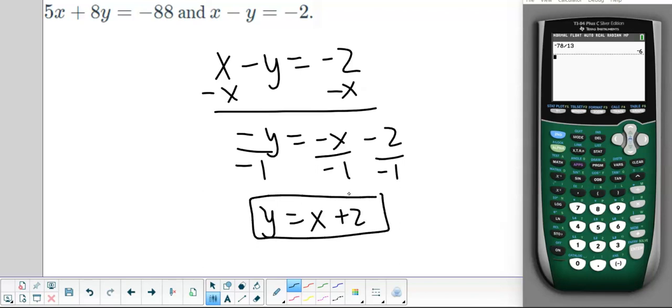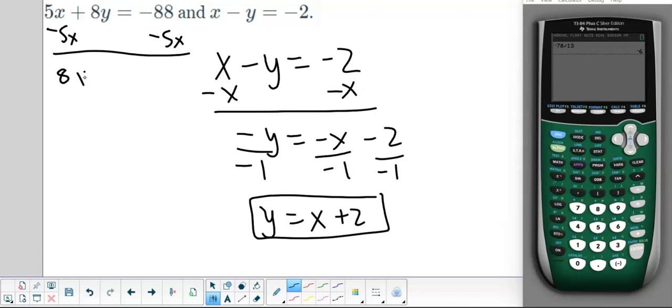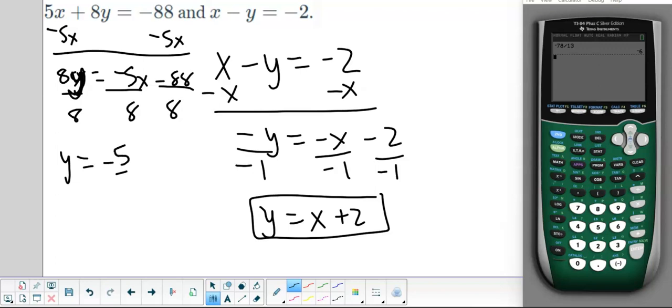That's one sentence. My other sentence here, 8y equals negative 5x minus 88. Divide everybody by 8, and it's okay to get a fraction because you're not going to do math with it. You're simply going to type it in the graphing calculator.